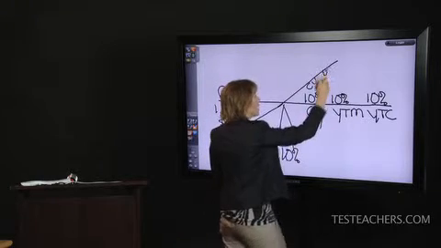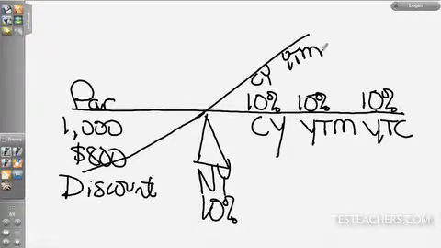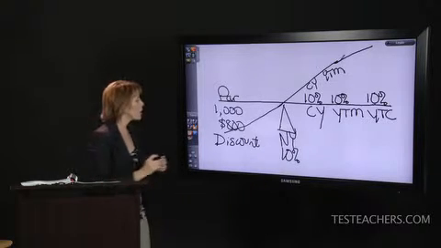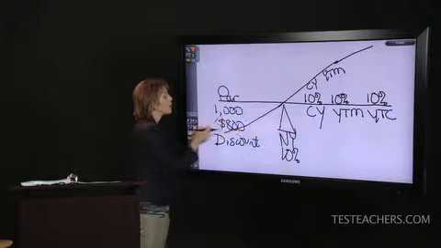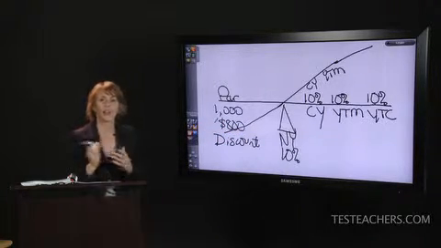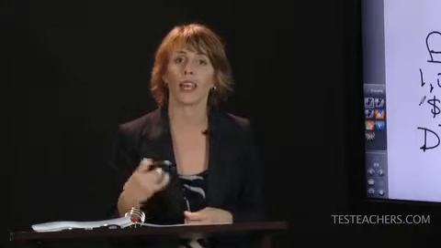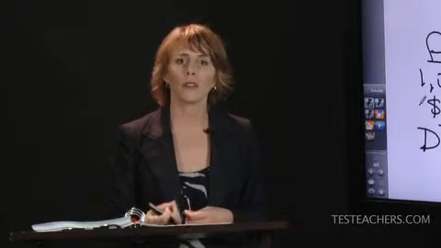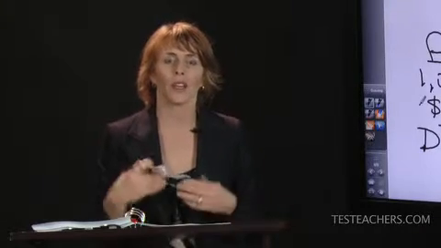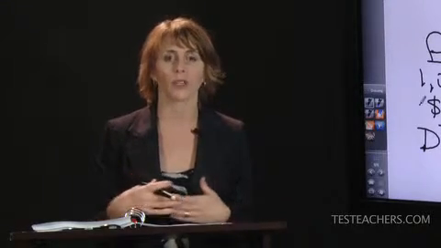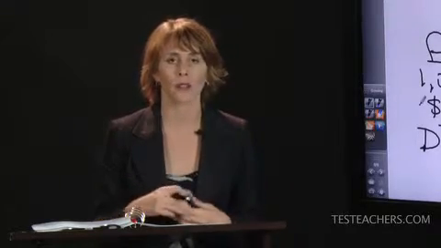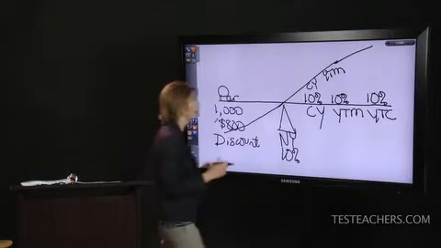Yield to maturity is going to be even more than the current yield because it's going to take into account not only the $100 that you get every year, but the fact that when you bought this bond, you paid $800, which is $200 less than par value. So yield to maturity takes into account the fact that when the bond reaches maturity, you're going to get $200 more than what you paid for the bond.